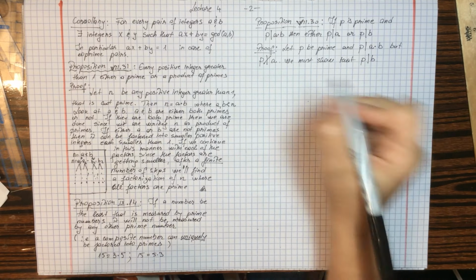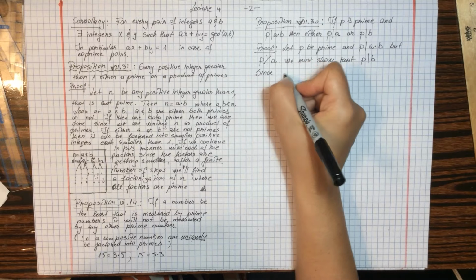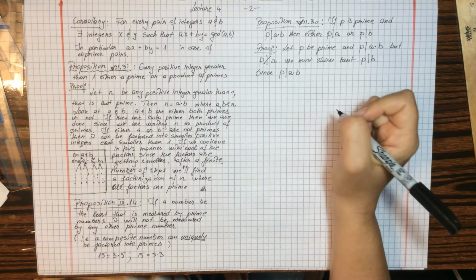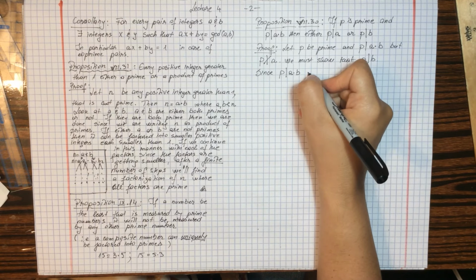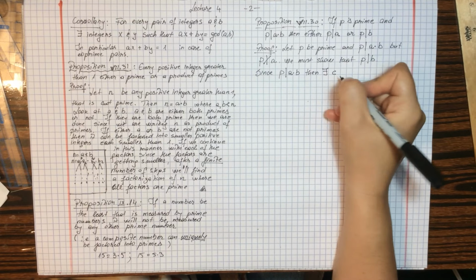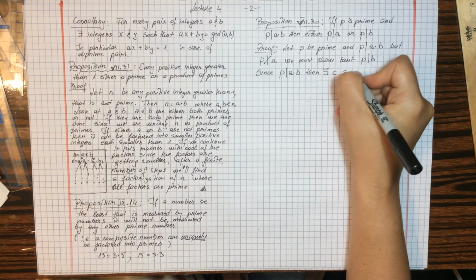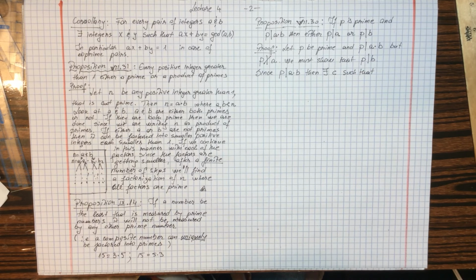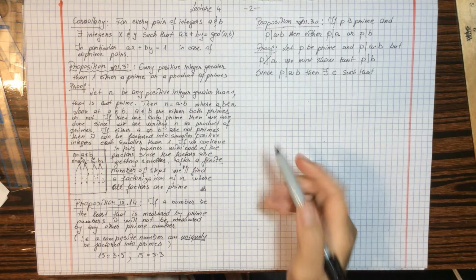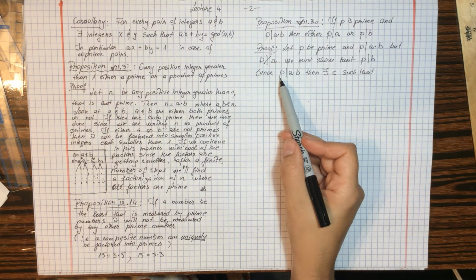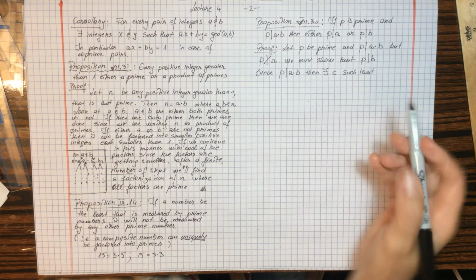Since P is given to divide A times B, there must exist some number C such that, by one of the earlier definitions that I wrote on page 1, to say that a number divides into another means you can write the other number as this number times another factor.